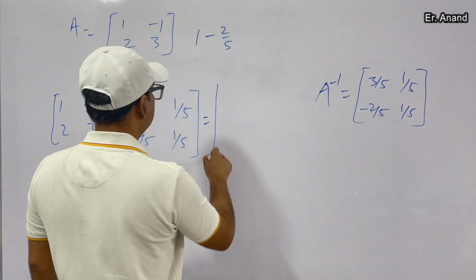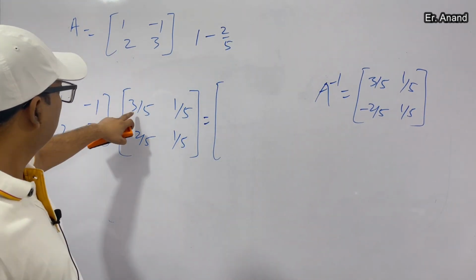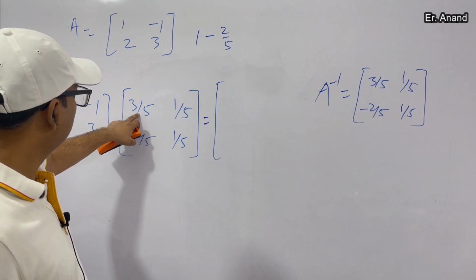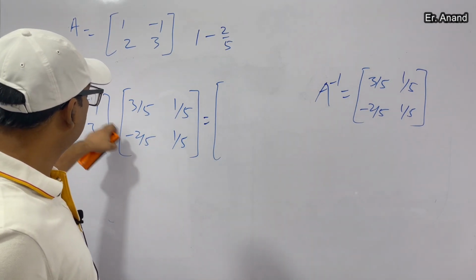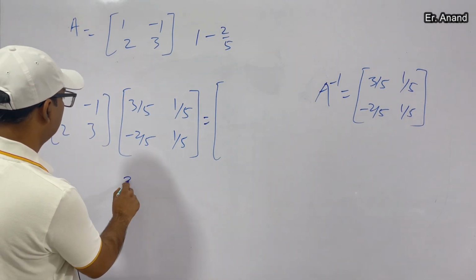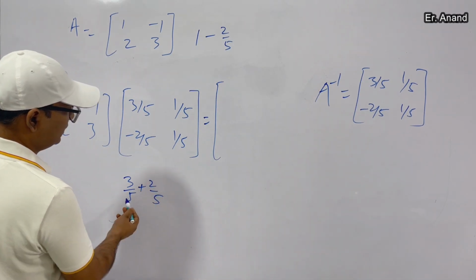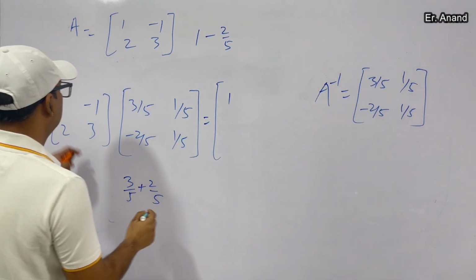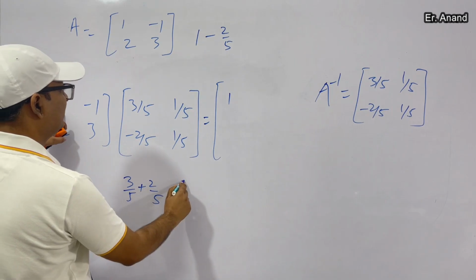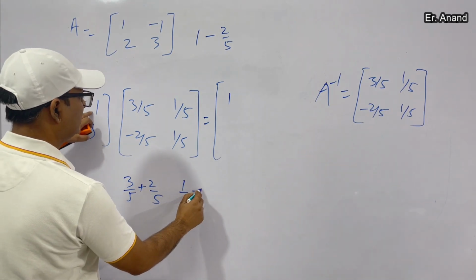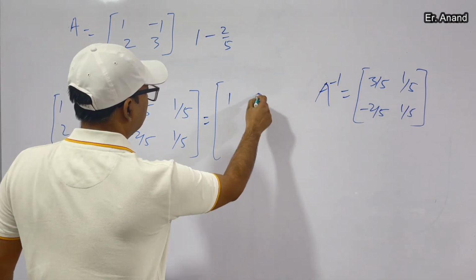So what we get? See, this into this plus this into this. So what is this? 3 by 5 minus minus plus 2 by 5. What is this? 5 by 5, that is 1. Then this one, 1 by 5 minus 1 by 5. So this is 0.